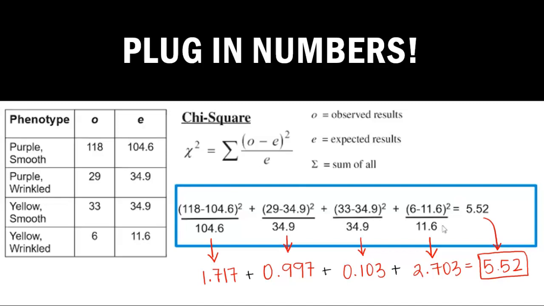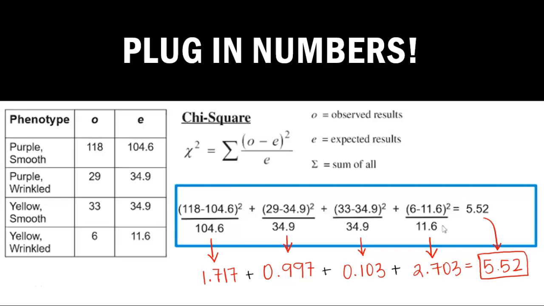Literally plug that into your calculator. That's what you're going to get. And you can do this to check, right? Make sure that you know how to use the calculator. This is a great time to pause and see, hey, can I actually square on my calculator? Am I doing this correctly? All right, check your math with my math.